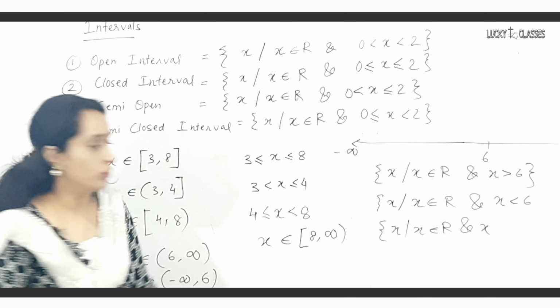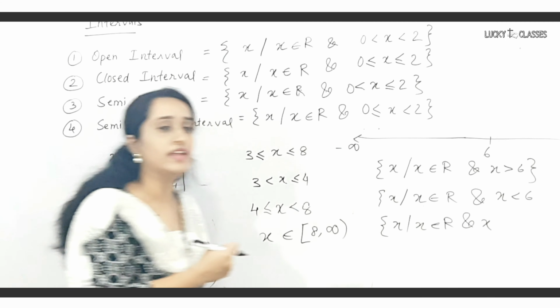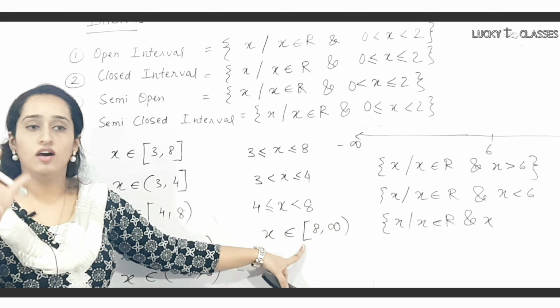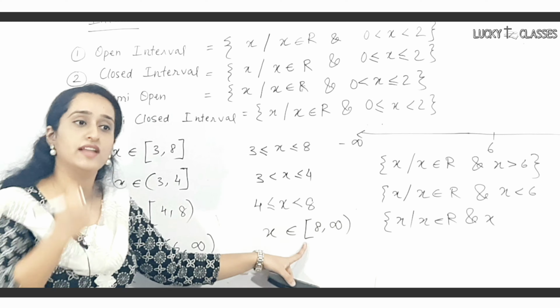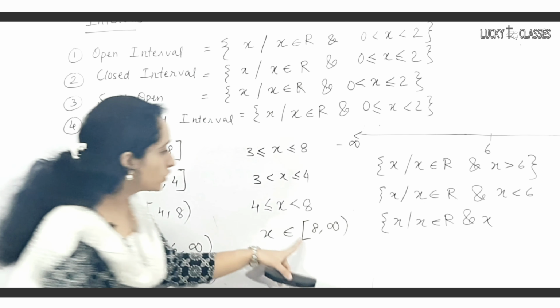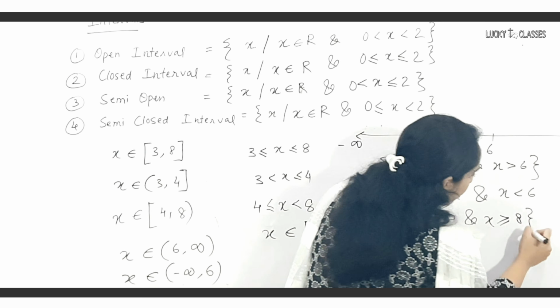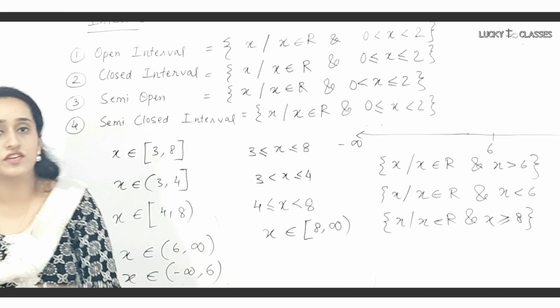Greater than equal to, because you are also including 8. x can take up value 8 here. Semi-closed means that particular value x can consider. So here it will be x is greater than equal to 8, since it is going till positive infinity.